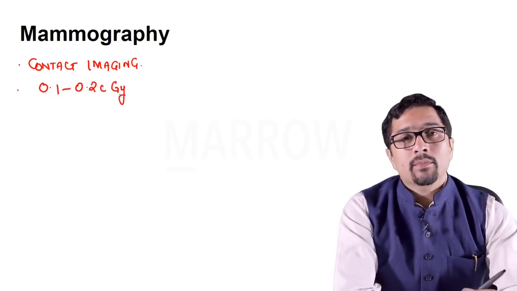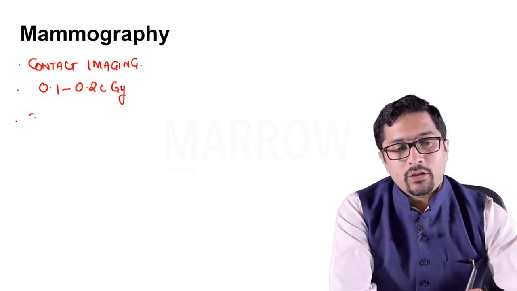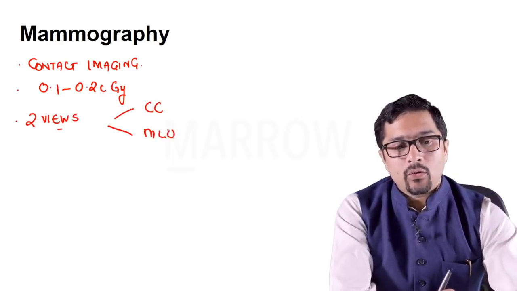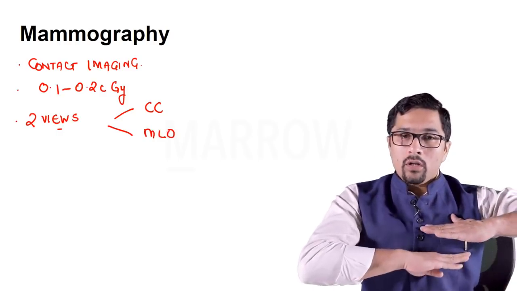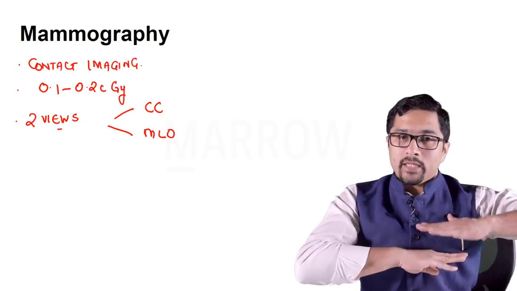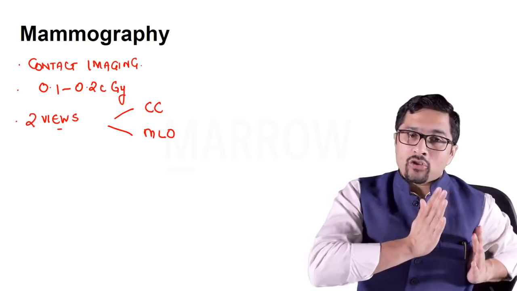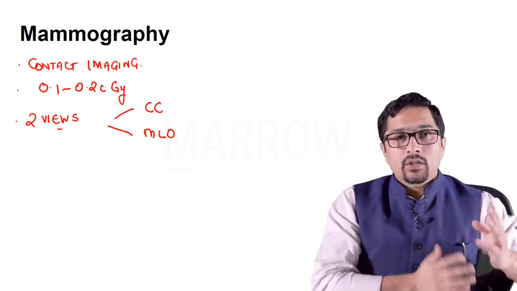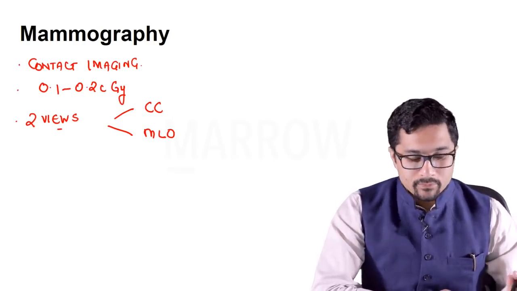This question has been asked many times in the exam. And whenever we do a mammography, 2 views are taken. We take a craniocaudal and a mediolateral oblique. So I'll repeat again, craniocaudal, that is when you compress the breast from above and below, and mediolateral oblique, which is when you compress the breast from side to side. So these two views are taken whenever we do a mammogram.